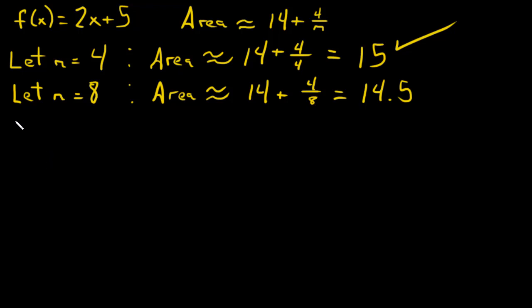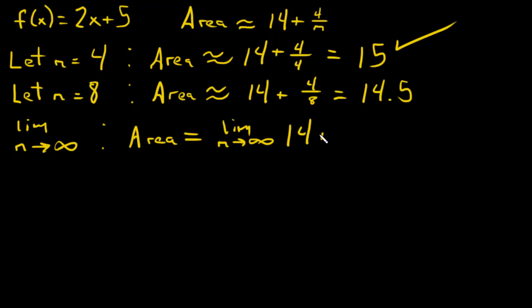So now let's take the limit as n goes to infinity. So the area, we don't say approximate anymore, is equal to the limit as n goes to infinity of 14 plus 4 over n.